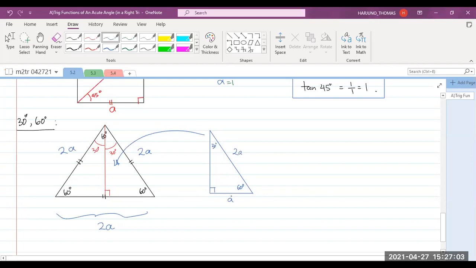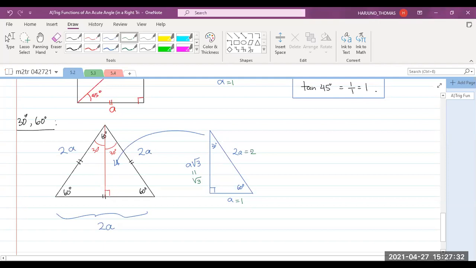By the Pythagorean theorem, then the other leg must be a radical 3. Yeah, just apply the Pythagorean theorem. Now, if I change the a to be 1, then the other leg is radical 3, and the hypotenuse becomes 2.